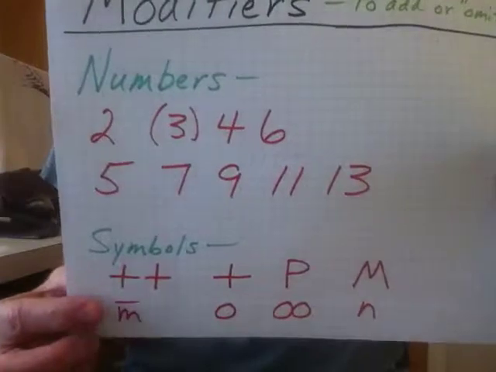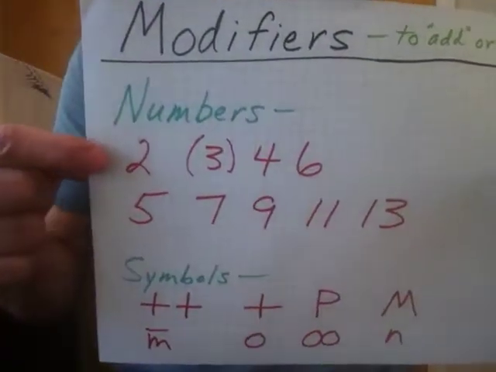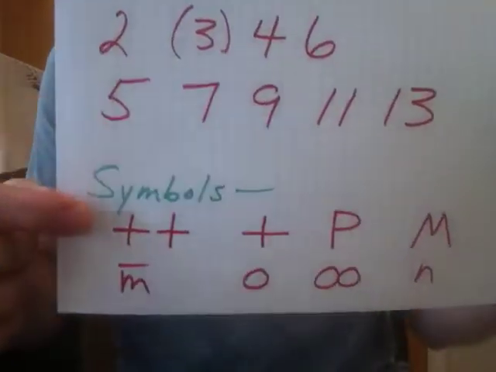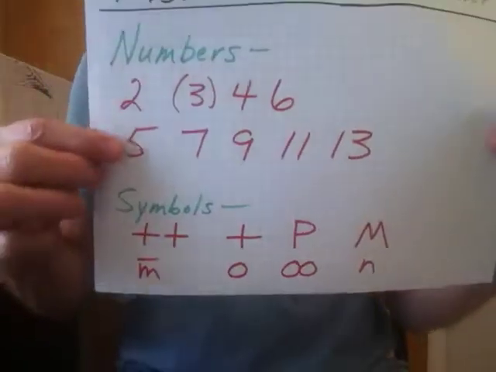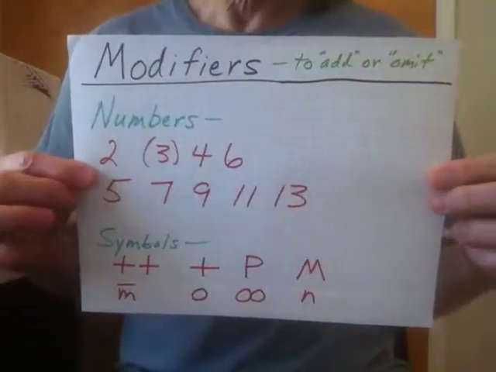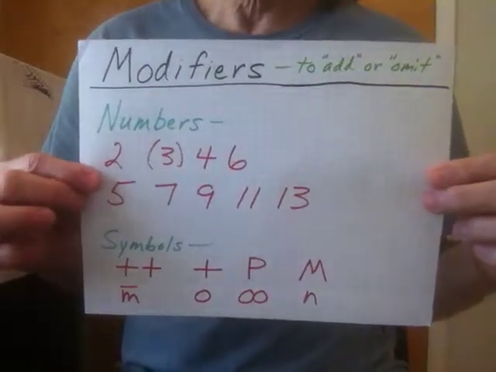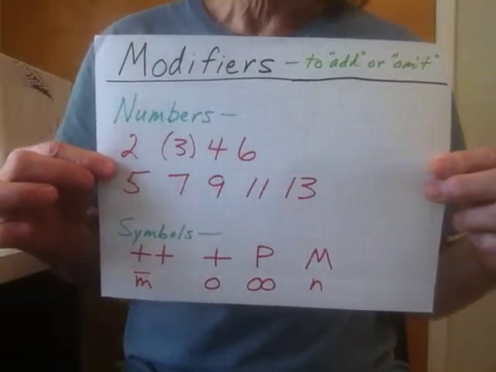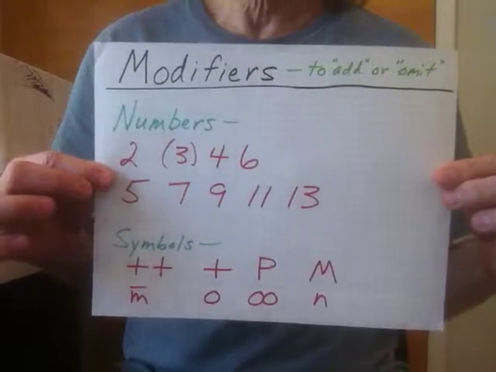And the modifiers are very few. There are numbers used as modifiers, and there are symbols, and there aren't that many. That's to show that some notes were added or omitted or changed in some fashion.